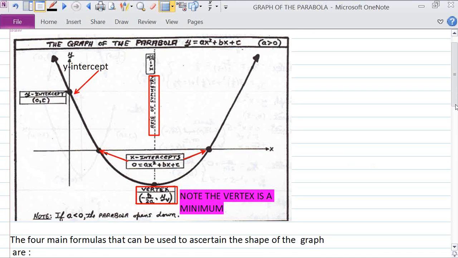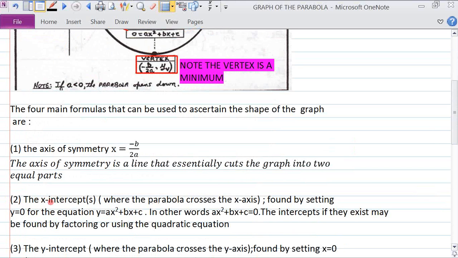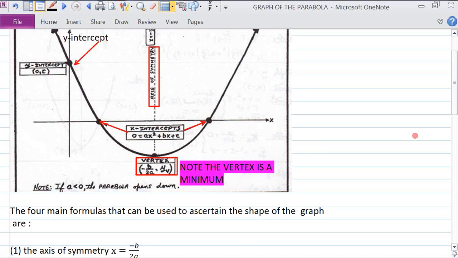So the second part that we have to know is the x-intercepts. The x-intercepts simply mean right here where the graph crosses the x-axis. This is where y equals 0.